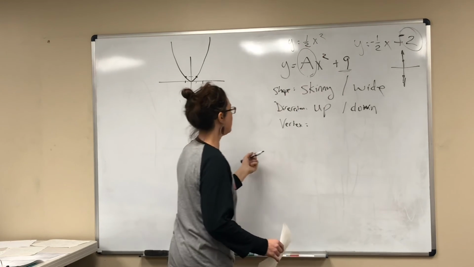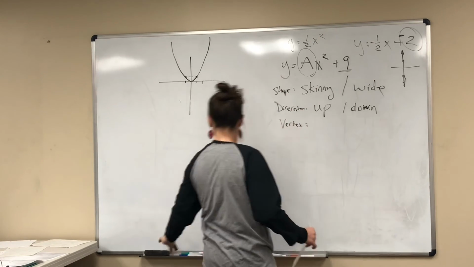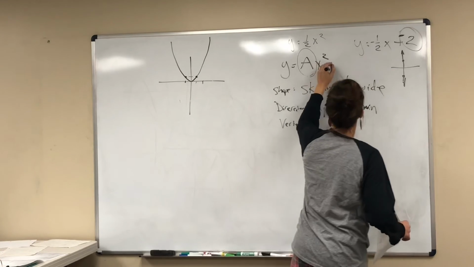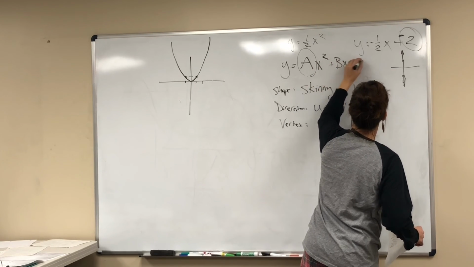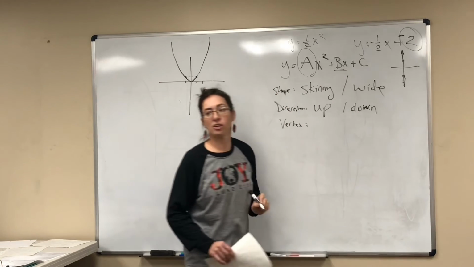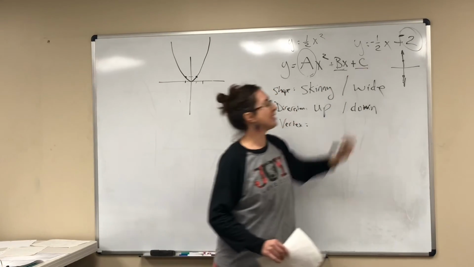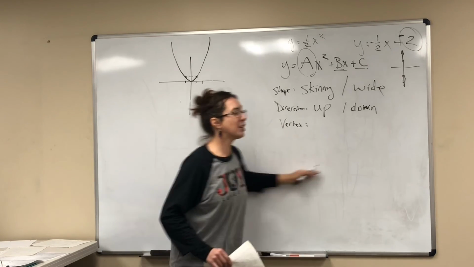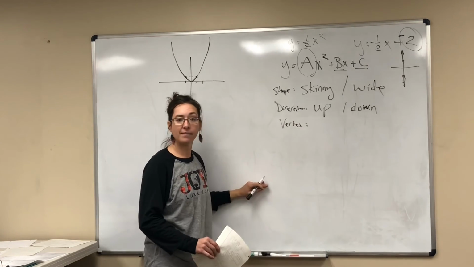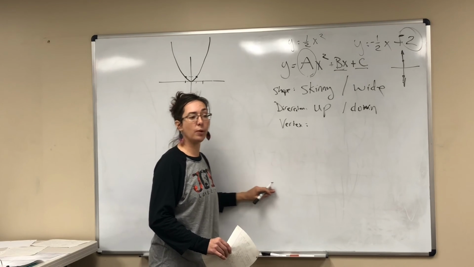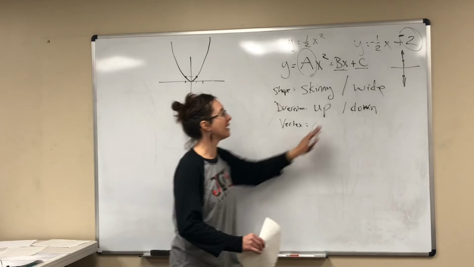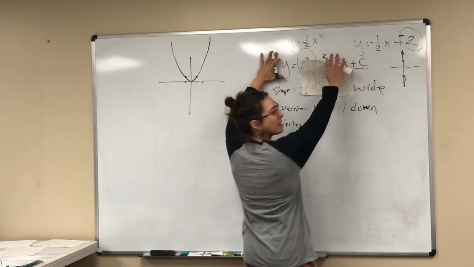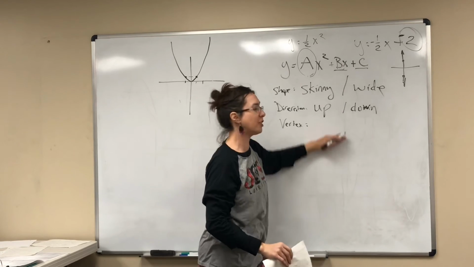If we add an x value and a constant, it makes it more confusing. The x value shifts it left and right. And our constant, because that's when we remove all the x's, affects our y, so our constant shifts it up and down.